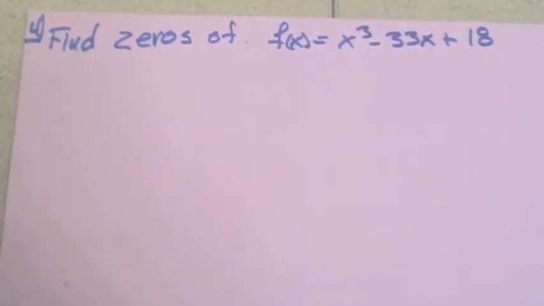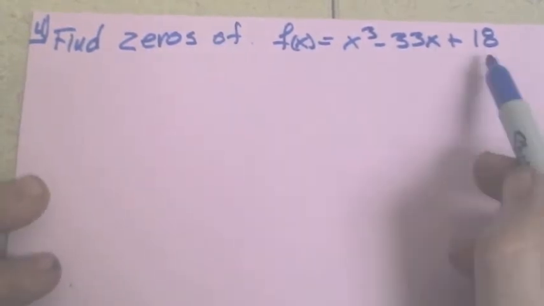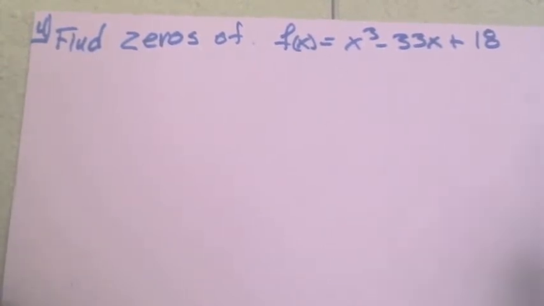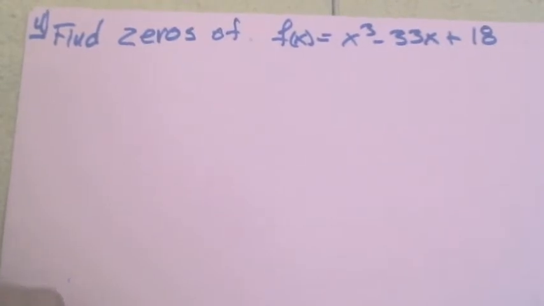Now, if this was a quadratic, you would just set it equal to 0 and factor. But it's not a quadratic, so we can't factor it. You might use the quadratic formula, but again, for the quadratic formula, it has to be a quadratic.